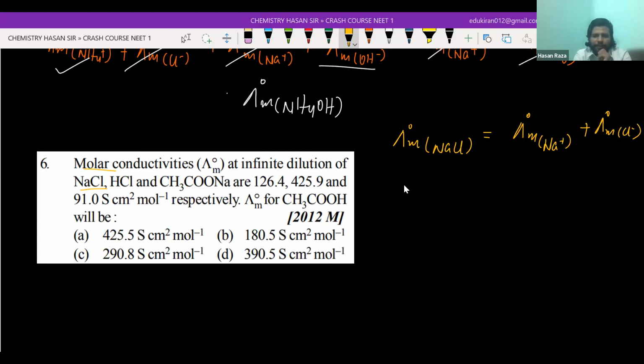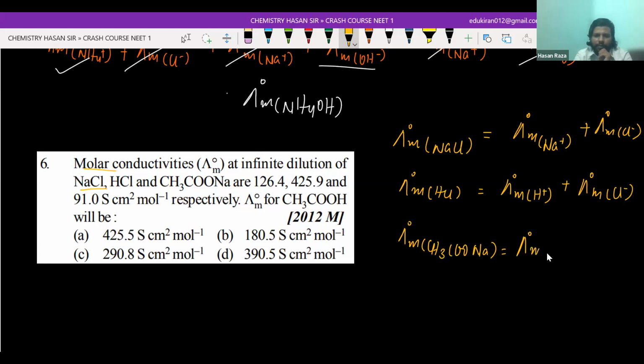Very good, Alan. Now, if you are going for HCl, HCl will also be like this: lambda naught m H plus, lambda naught m Cl minus, and then comes your lambda naught m CH3COONa.